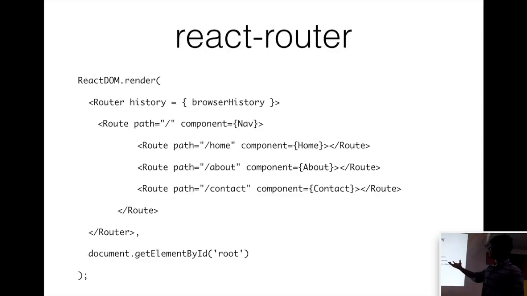So Router is again a component, and the history prop is where you specify what kind of history you want to use for routing. If you use hash, then your routing will be hash and whatever route you want to go. If you're using browser history, then it will be like your normal URL stuff.